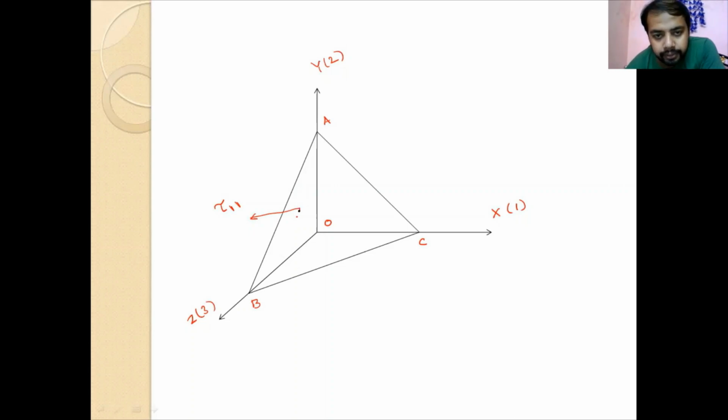In the same way, here that gives tau 1, and that gives tau 1. So 3 stresses are there: 1 normal stress and 2 shear stresses.